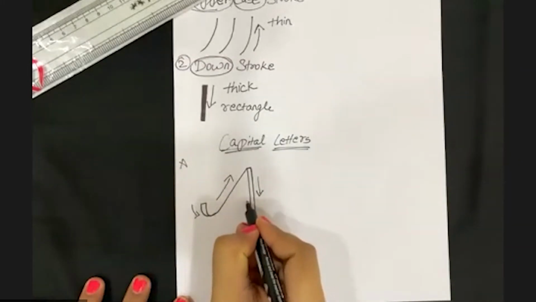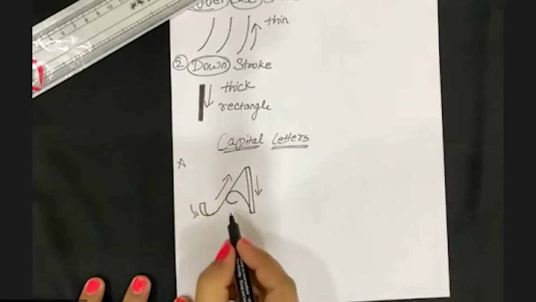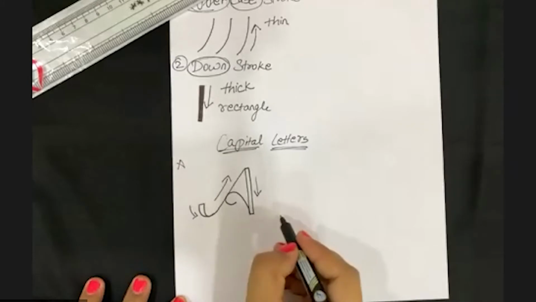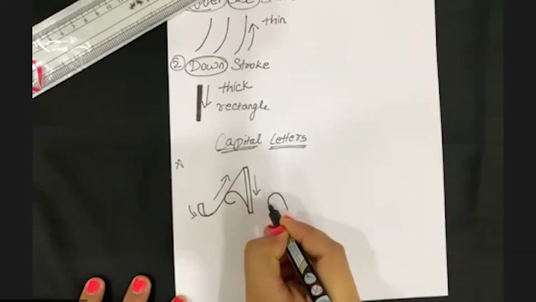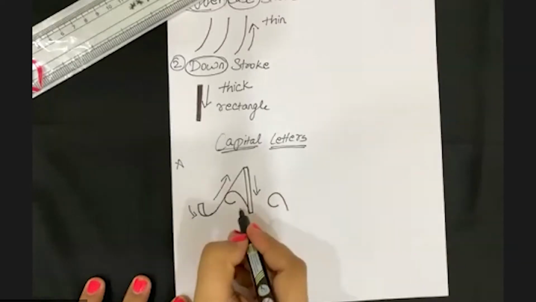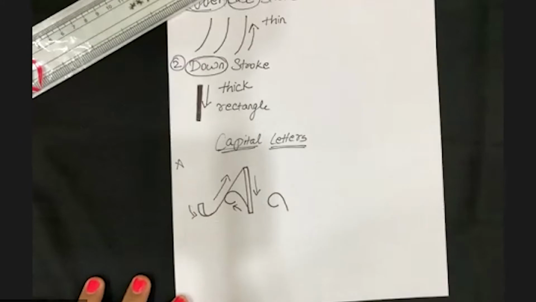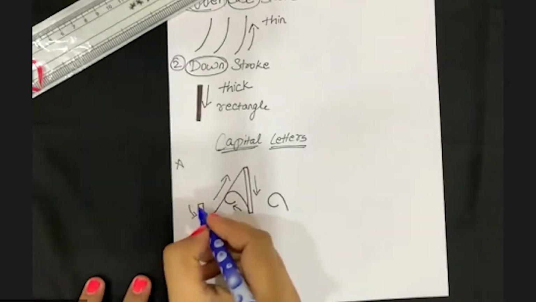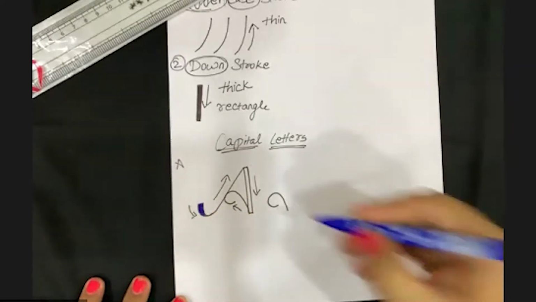Again the middle line. Look, my middle line is somehow like a curve. See how I went from down to up and then this circular curve. Again, this is my upstroke, so it is going to be thin. And after that, I'm going to fill the color in my downstroke.